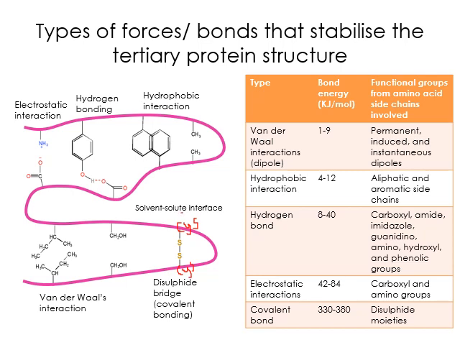Among all of these different forces or bonds, the disulfide bridge is the strongest. It has the highest bond energy, as compared to weaker interactions such as van der Waals, which is only 1 to 9, or hydrophobic interaction, which is around 4 to 12.